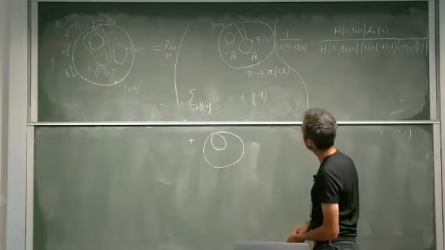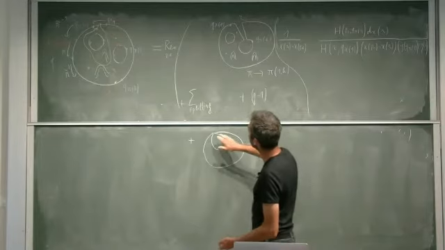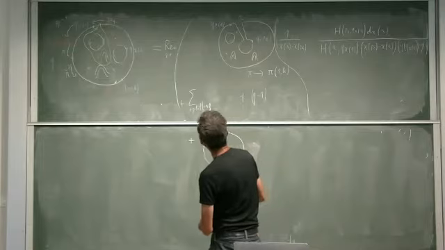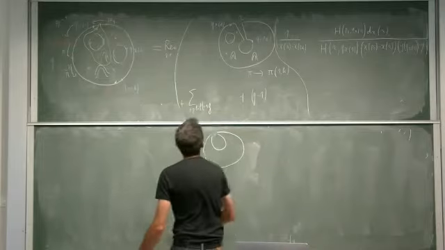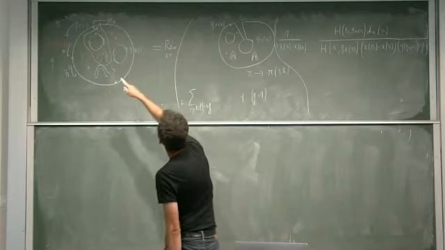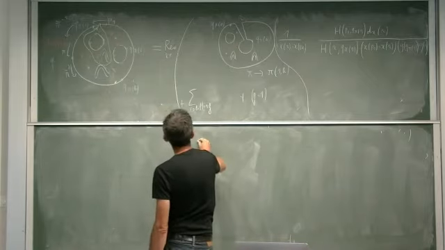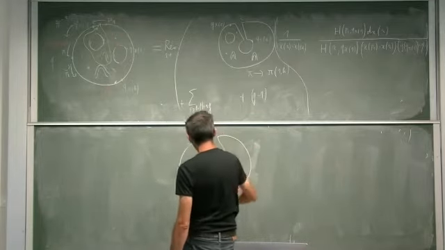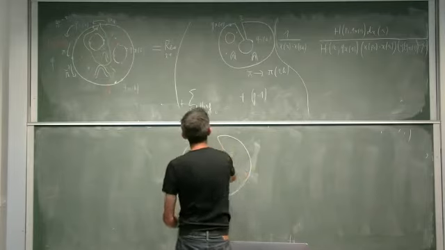Okay, and in that case, let me draw this one in more detail. So in the example I take here, you have one circle. Let me redraw it as a circle.